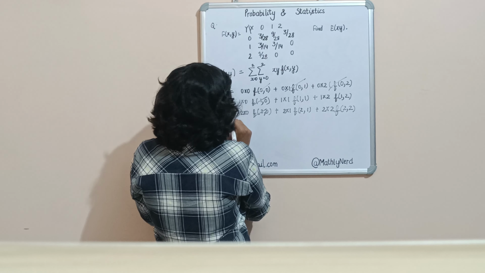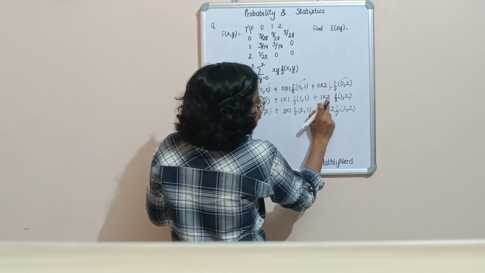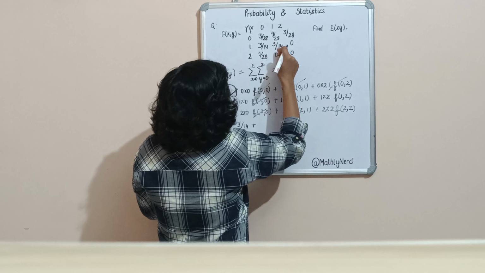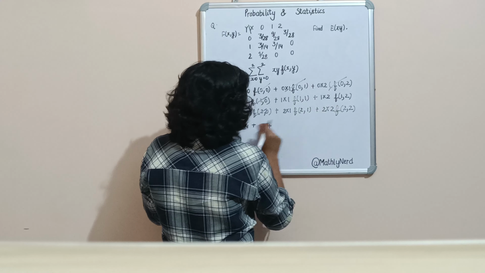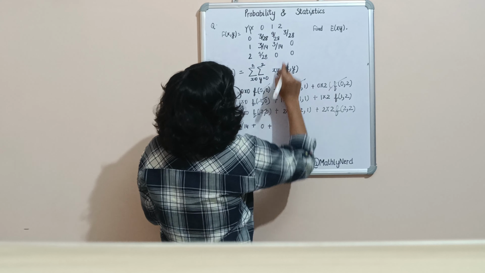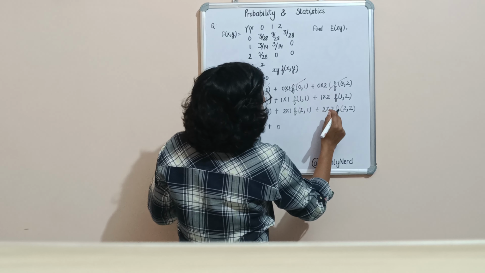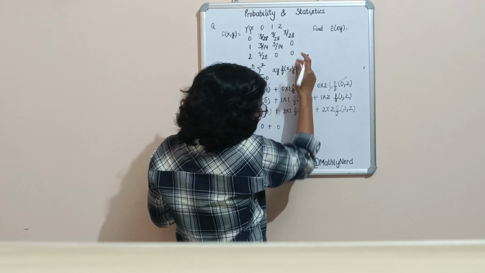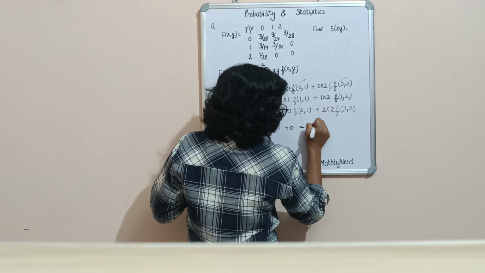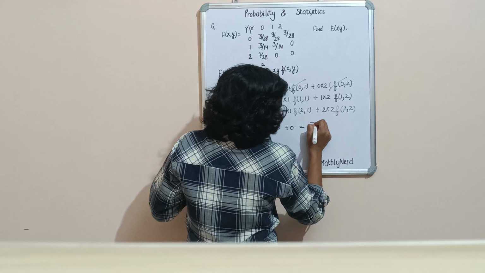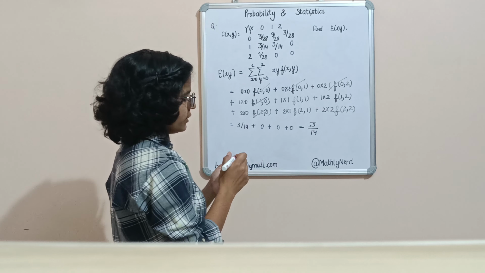So E of xy equals 3/14 plus 2 times f(1,2), which is 0, plus 2 times f(2,1), which is again 0, plus 2 times f(2,2), which is 0 as well. So this is 3/14. Our value for the expectation of xy equals 3/14.